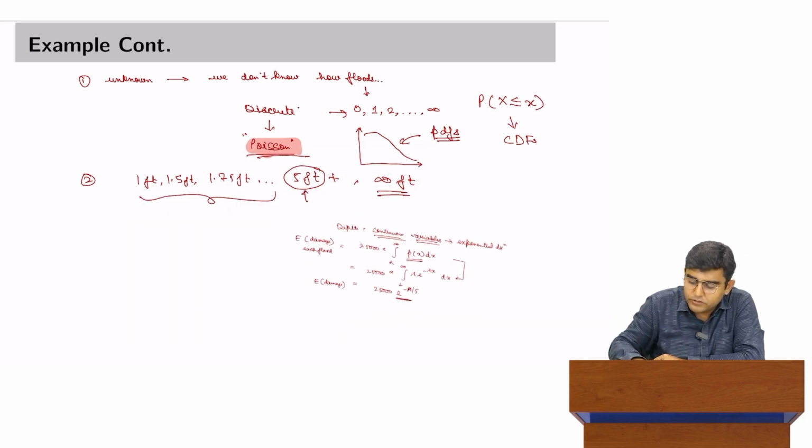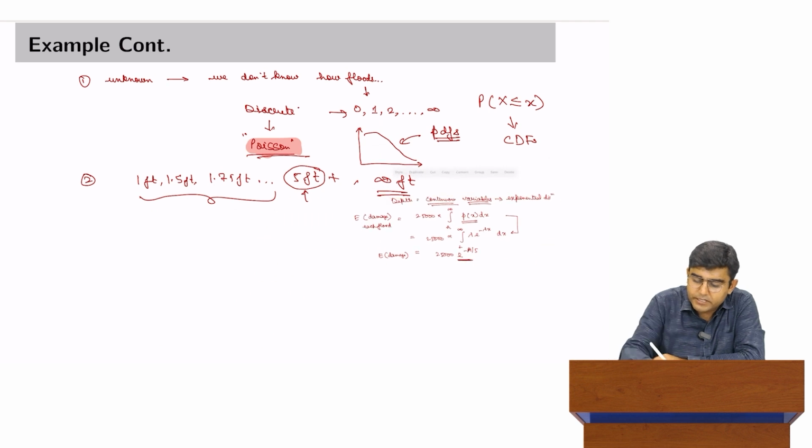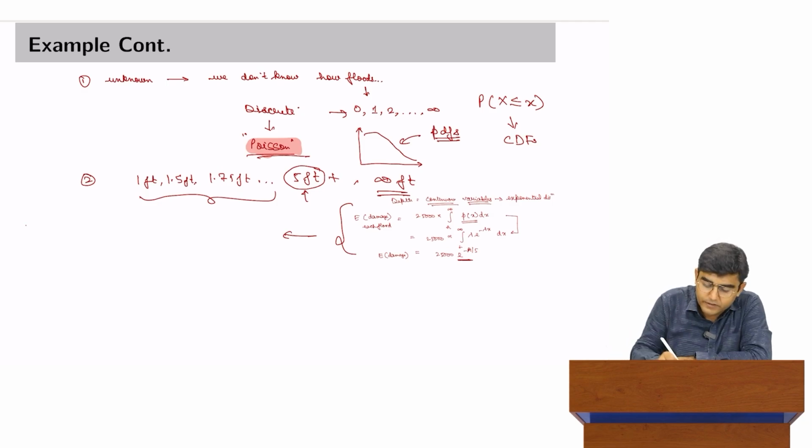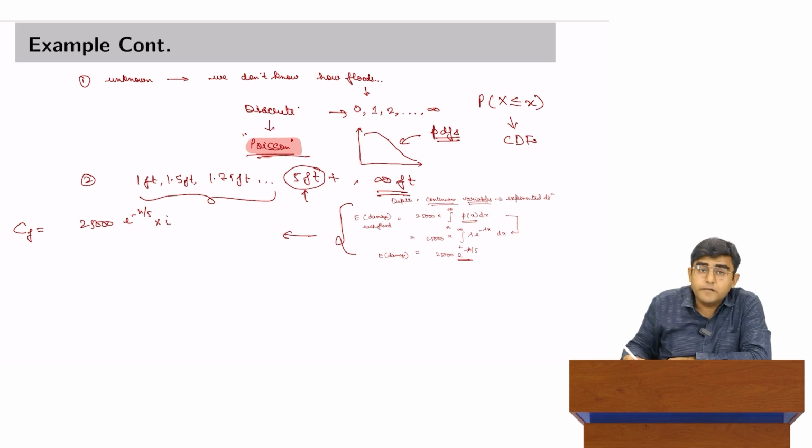So what we will do is assimilate this discussion into the case where we are going to have multiple flood events in a given year. So for all floods, the total loss that we are going to encounter is 25,000 e to the power minus h by 5 multiplied by I, where I is the number of floods, but we don't know I. Again, I can take values of 0, 1, 2, 3, 4, and so on.